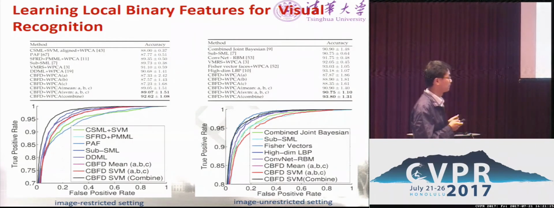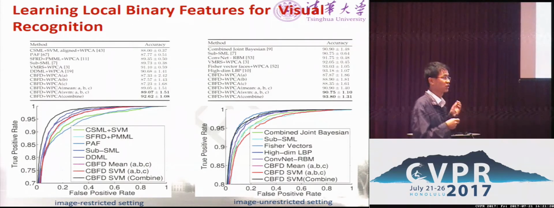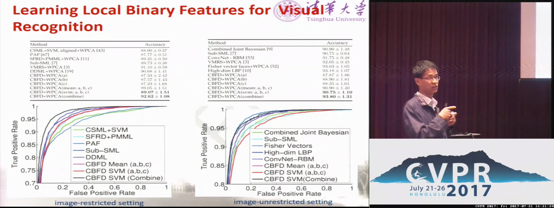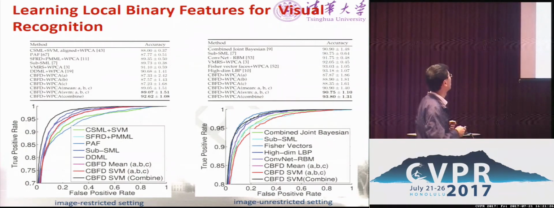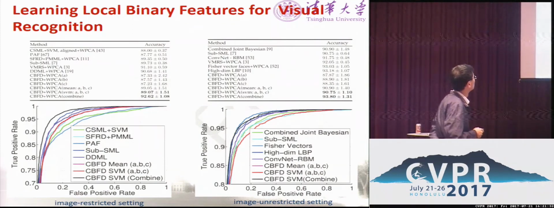In this case, because we do not need the label information of the training samples, we just compare our method under two settings: one is the unsupervised setting, and the other is the weakly supervised setting. So we can find that our method achieved very competitive performance with state-of-the-art methods. These are the previous methods.